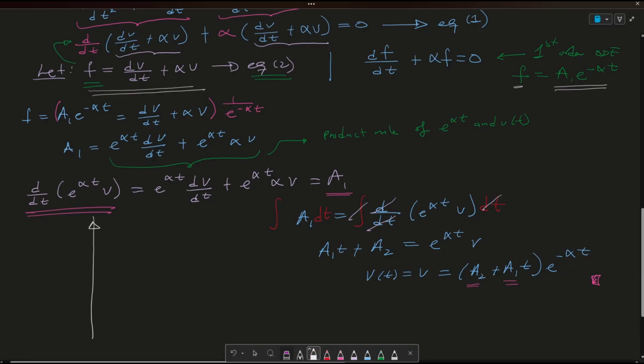Okay, in terms of graphing this v of t, we have v of t here and t here. I like to map out this decaying function, e to the minus alpha t. The initial voltage v of 0 across my capacitor is equated to 0, so before t equals 0, it's 0 here.